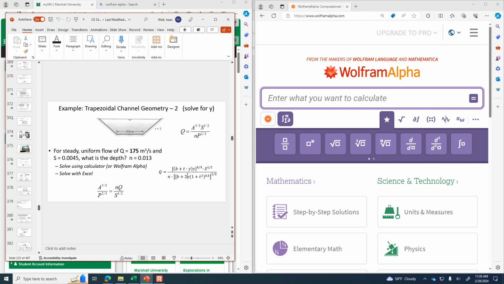Then we've got a slope of 0.0045 to the power of 1/2 divided by 0.013, and then the wetted perimeter is 15 plus 2y times (1 plus 2 to the power of 2) all to the 1/2 power, and then the wetted perimeter is to the power of 2/3.